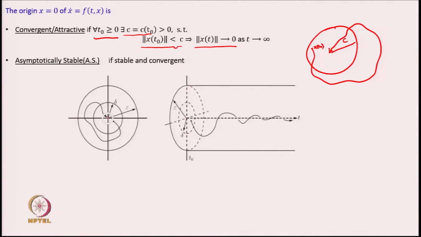So, this equilibrium point is not just stable, but it is also convergent or attractive. This is also illustrated here, where you have a 3-dimensional plot of the states x1 and x2 and time. Here as t goes on, the trajectories eventually converge to the equilibrium point.